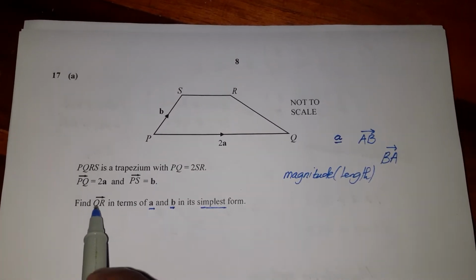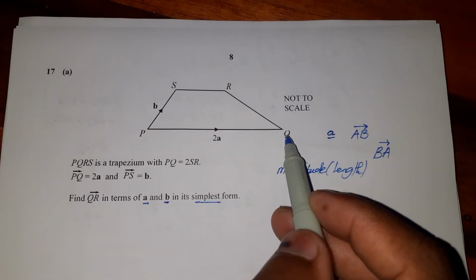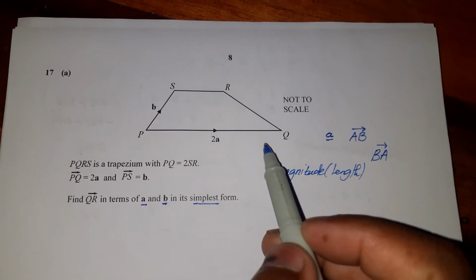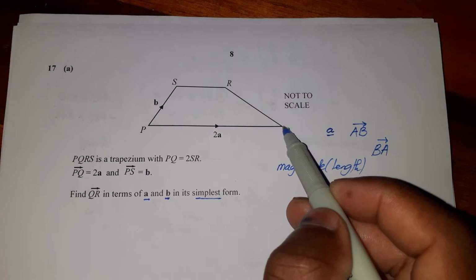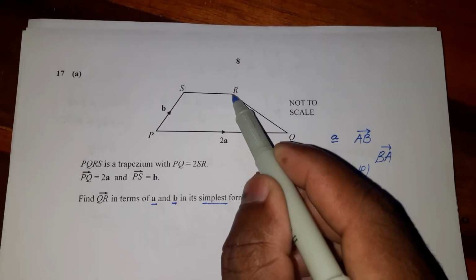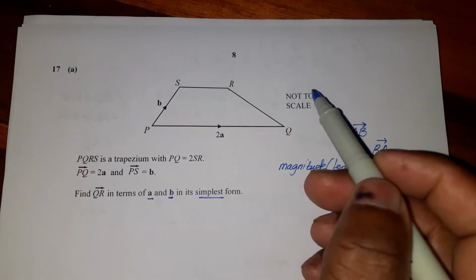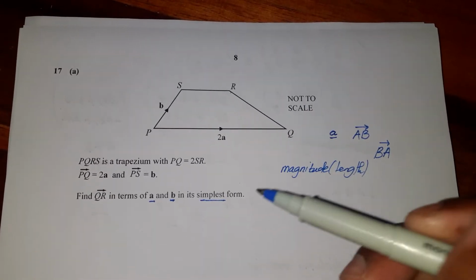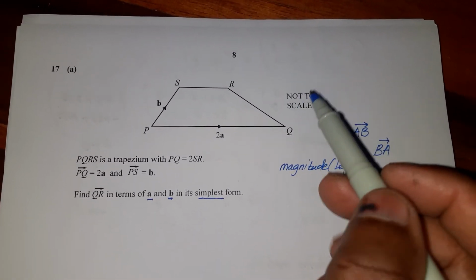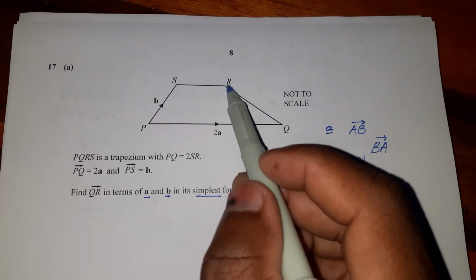Now to move from Q to R, looking at our trapezium, when we're dealing with vectors, we cannot move from Q going straight to R. The reason for that is because we are not given the quantity here. So we have to use another direction that can lead us to the same destination.